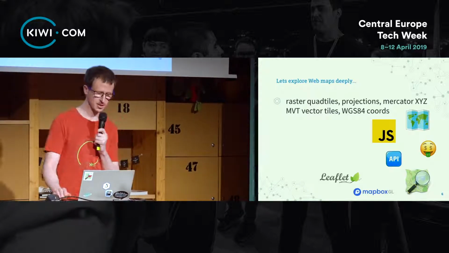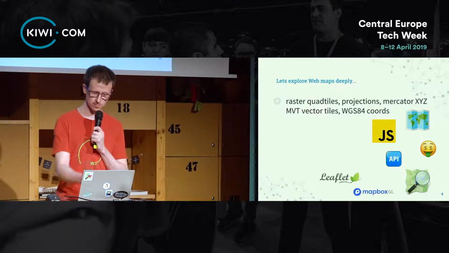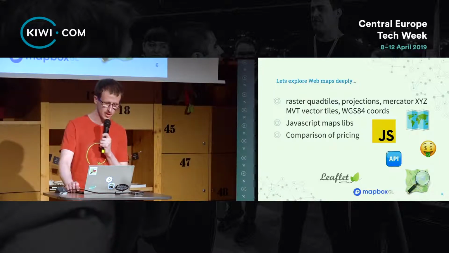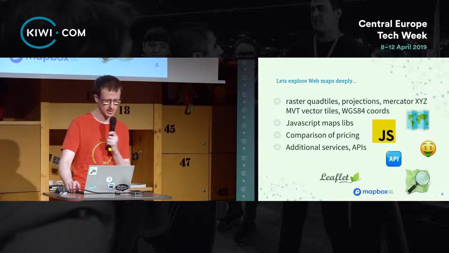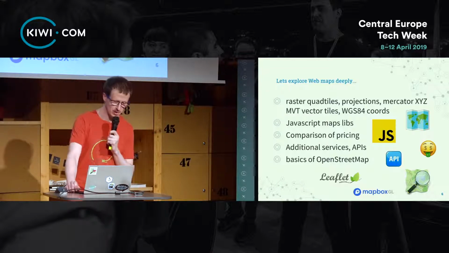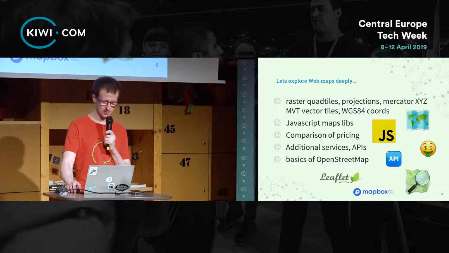Vladimir already mentioned protocol buffer tiles, which are these Mapbox vector tiles, MVT files, and we will also talk about coordinates a little. We will compare several JavaScript maps libraries, or frameworks if you want to call them. We will compare the pricing, and also we will explore some additional services and do some demo. Also, I'm an enthusiast in the OpenStreetMap platform, so I will tell you a little more about it.